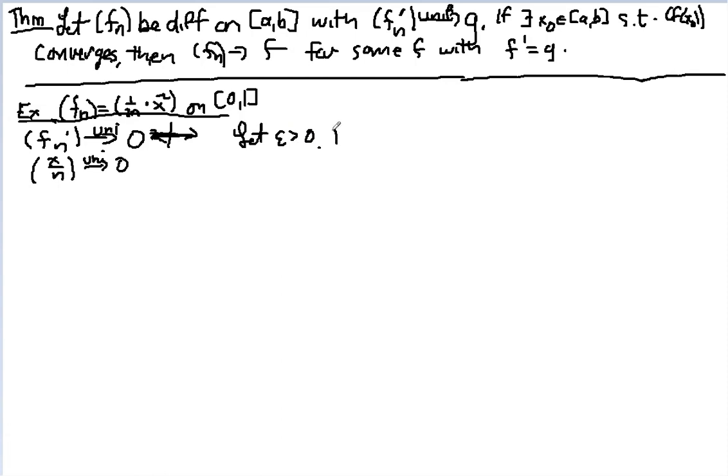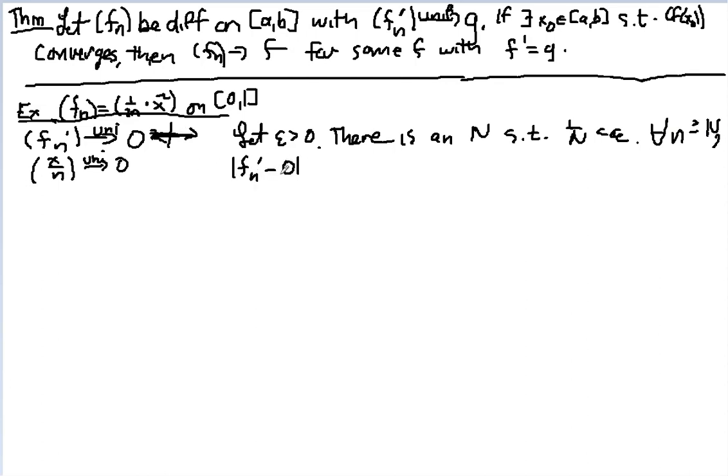Then there is a capital N such that 1 over N is less than epsilon by the Archimedean principle, and then for all n bigger than or equal to N, I get f_n prime minus my limiting function, which is 0, so that's really my g, is equal to, and notice this is not going to rely on x, x over n minus 0, which equals x over n.